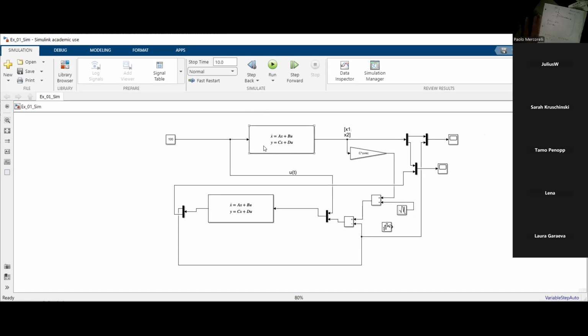Let me upload the software in my study, otherwise I forget. So you can find the material of today in terms of simulation directly today in the evening. Okay, now you have also the simulating file in my study.